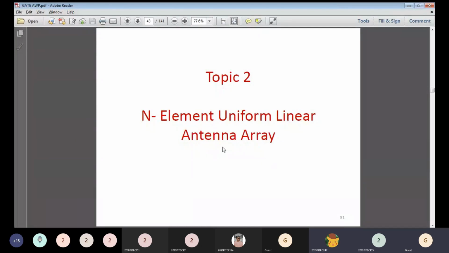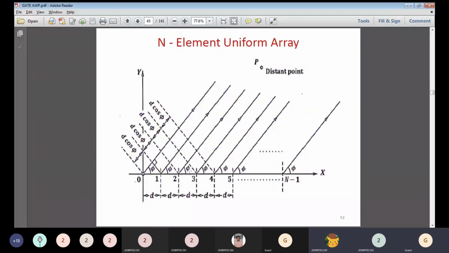Next, we are going to see the n element linear antenna. Here we take n number of antennas, 1, 2, 3, 4, 5, 6 till n minus 1, having a distance of d. At the distant point P, we are going to find the radiation pattern or field pattern produced by the different point sources available on the axis.